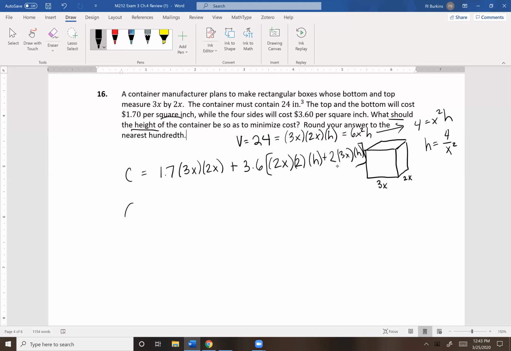So then we come down here and let's simplify this cost equation before we plug in. So this is 1.7 times 6x squared plus, then we got 3.6 times 4xh plus 6xh. That's 10xh.